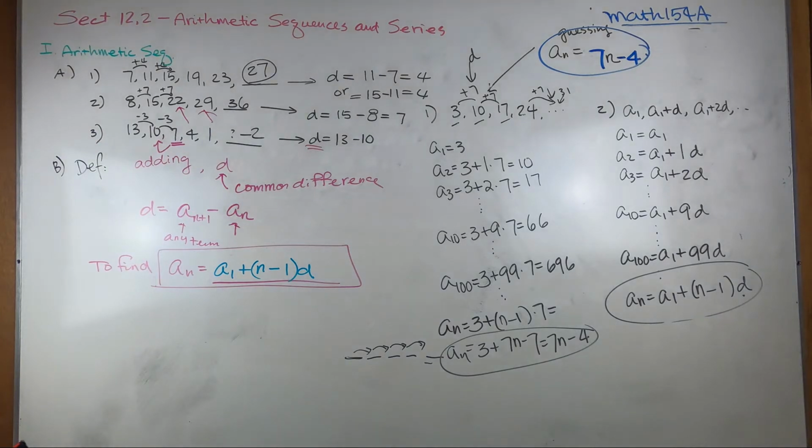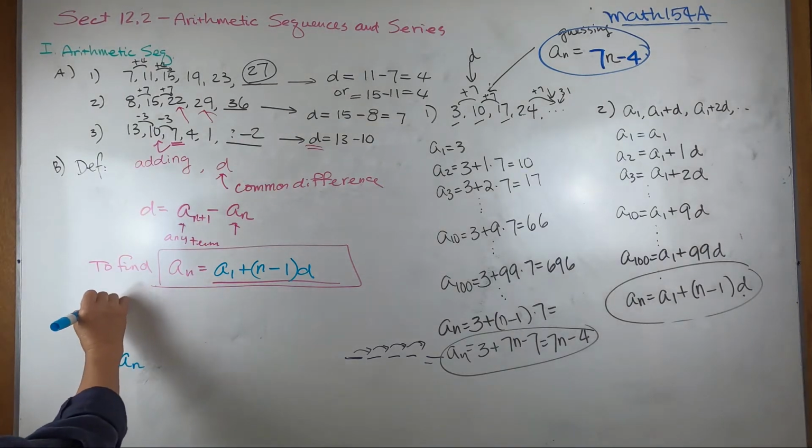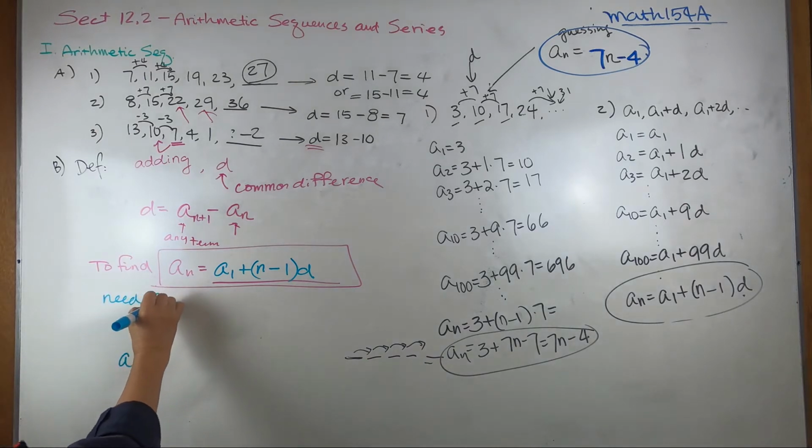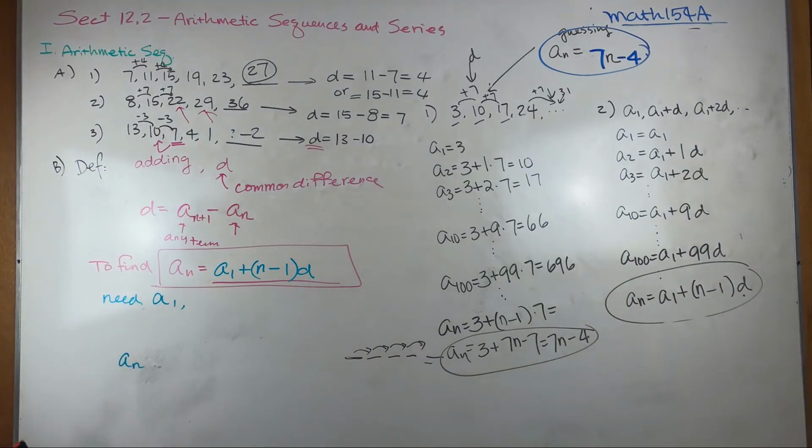So for the sequence, we are talking about arithmetic sequence. We are talking about find the general term AN. We need what? Need A1, right? We need our distance. Then we need a position N, say, 100th day.